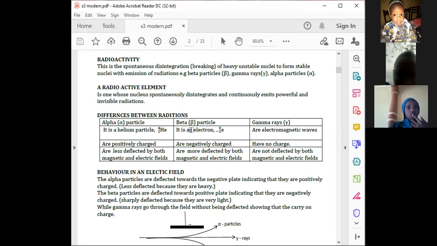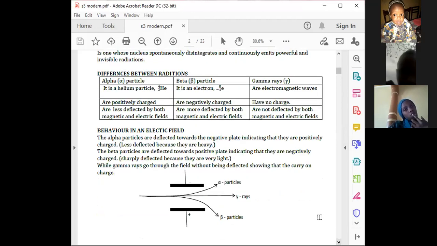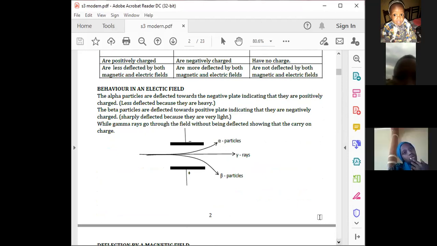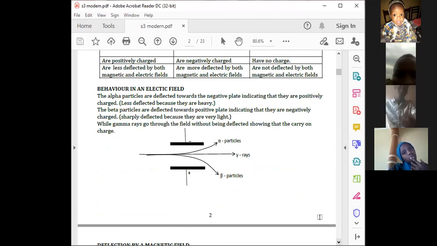How do they penetrate? How are they ionized? What is their behavior in electric and magnetic fields as we saw yesterday? And the tracks formed if we use the ion detectors, the radiation detectors. How do these alpha particles, beta particles, and gamma rays behave?